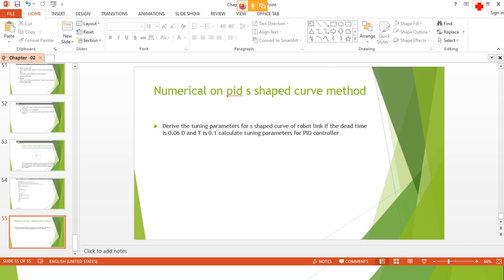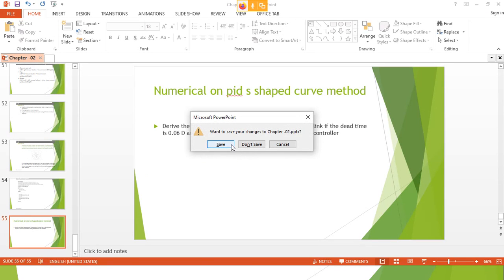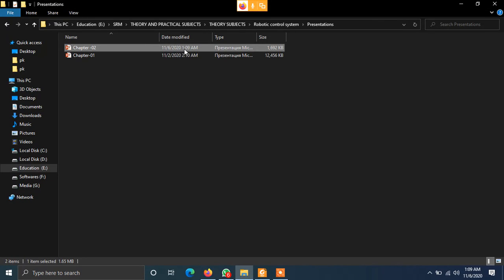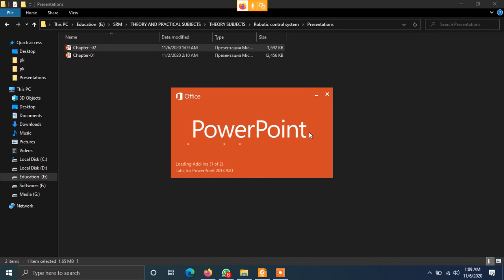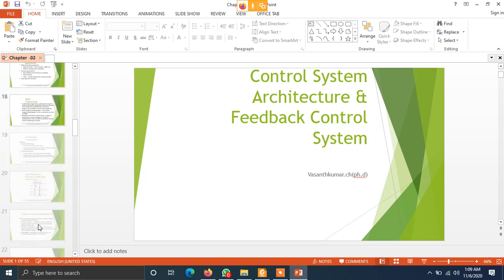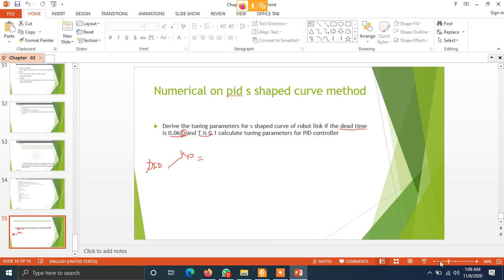So T is 0.1, right? D is 0.06, which is the dead time. Dead time will always be a very small value, and your total time constant is 0.1 second.